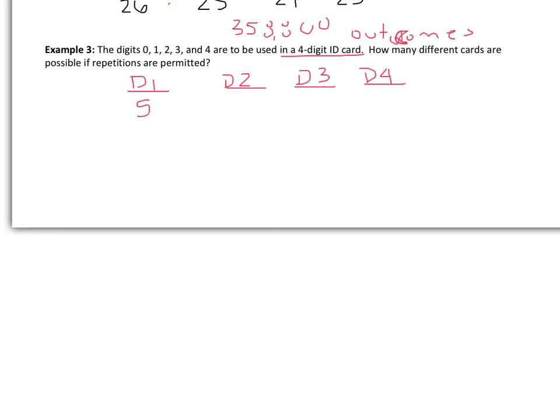Now, repetitions are permitted, so that means that the next digit I still have 5 to choose from. Digit 3, I still have 5 to choose from. Digit 4, I still have 5 to choose from. So 5 times 5 times 5 times 5 is going to give us 625 outcomes.